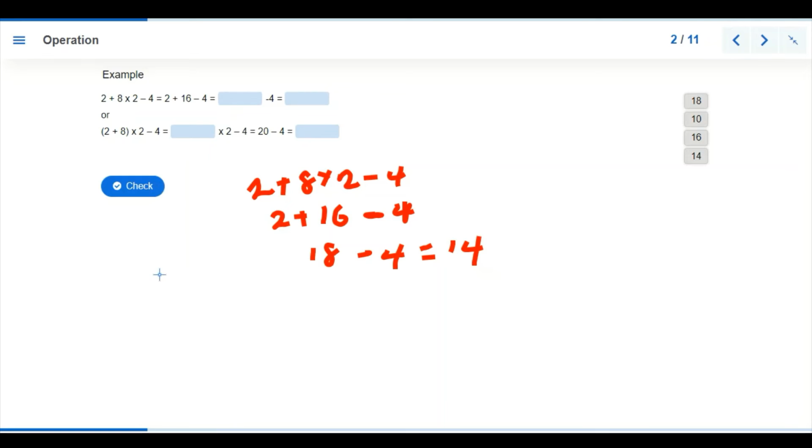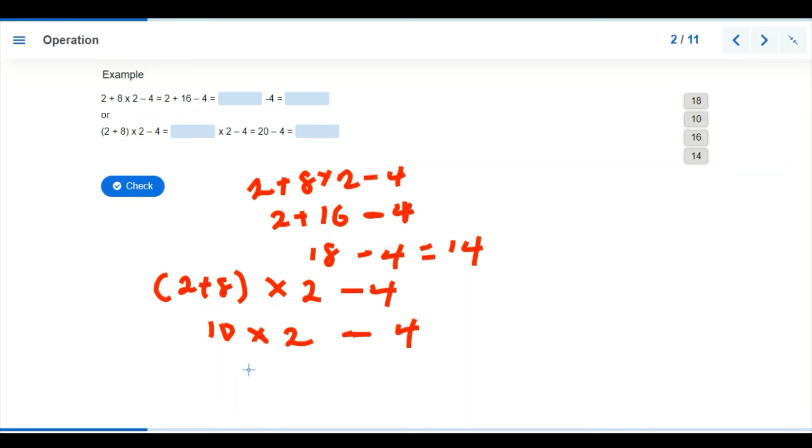Now let's look at the other way around. What if you have 2 plus 8 in bracket, then we multiply it by 2, then we have minus 4. So 2 plus 8 will give us 10. Then we multiply by 2 before we subtract 4.